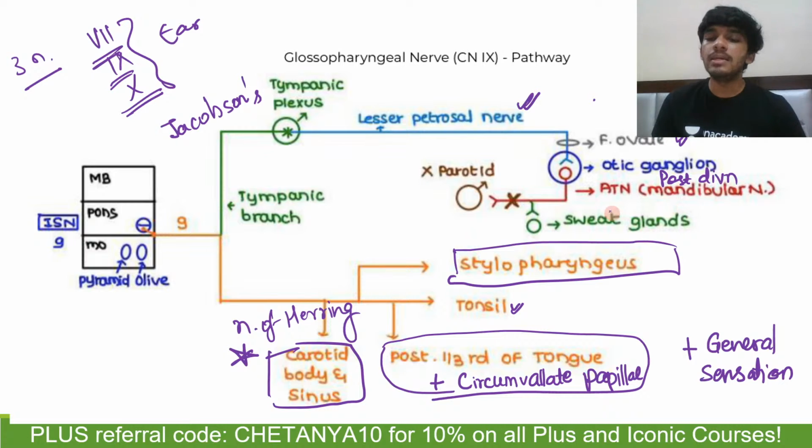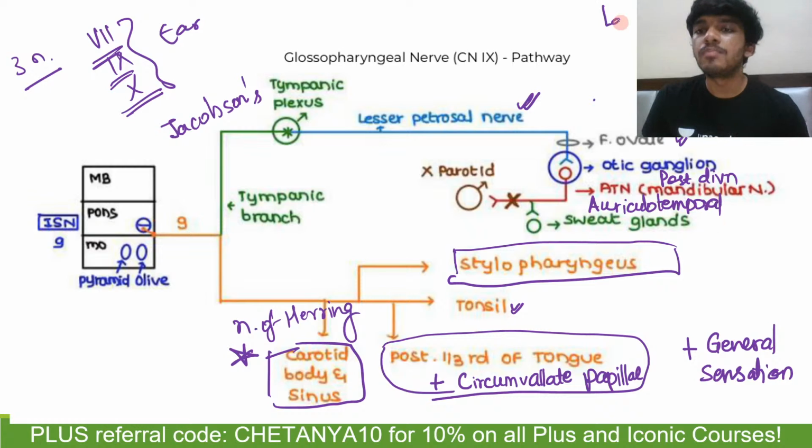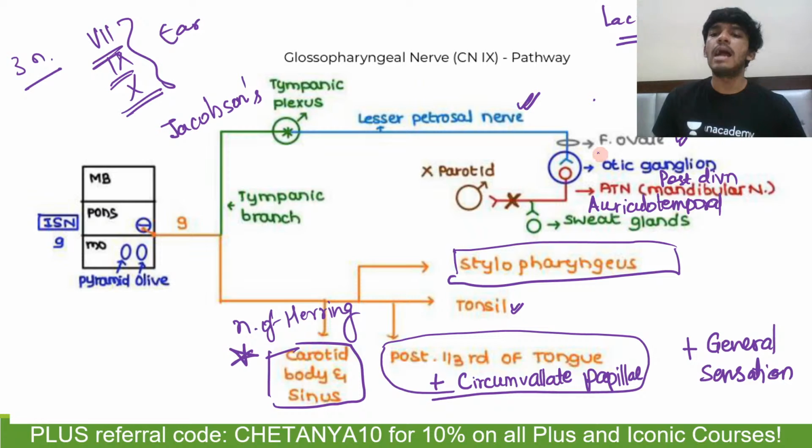So they will accompany the auriculotemporal nerve. The lacrimal gland gets a branch through the zygomaticotemporal nerve, and the parotid gets a branch from the auriculotemporal nerve. There is some reinnervation that can also supply the sweat glands.